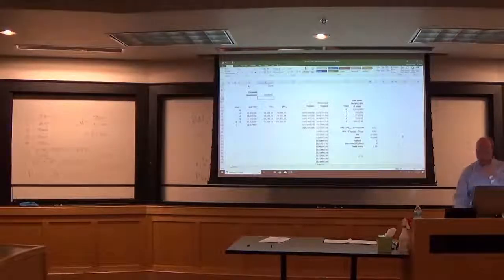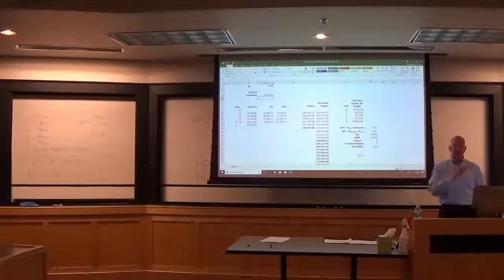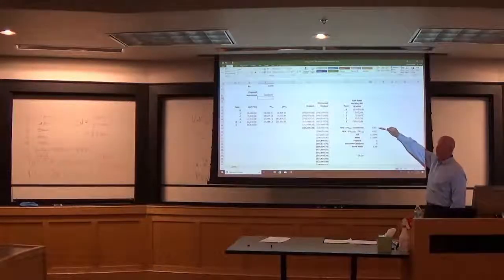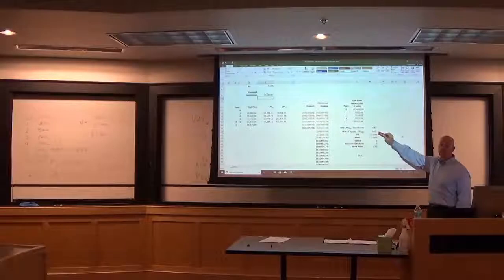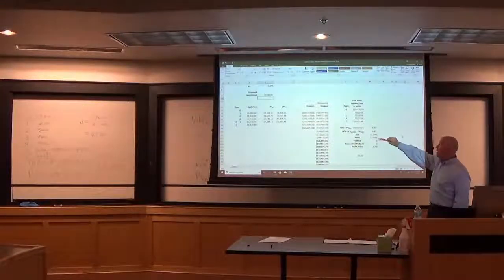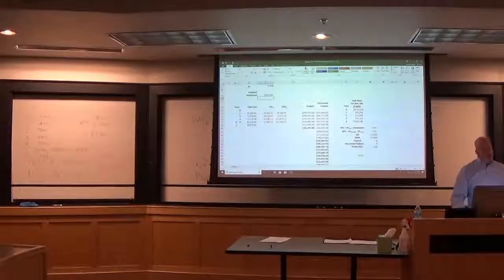Well, not surprisingly, because that's what its present value was, my net present value is almost zero. It's 42 cents. And when we're talking about $544,000, 42 cents is zero, right? We're never going to argue about it. IRR and MIRR are the exact same number. Again, not surprising to us. Okay?